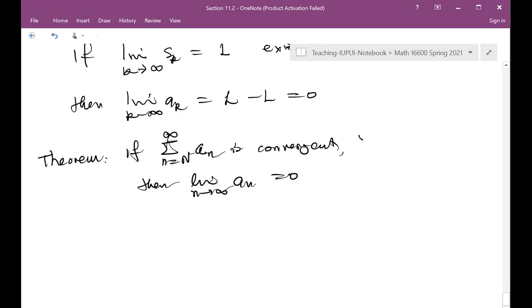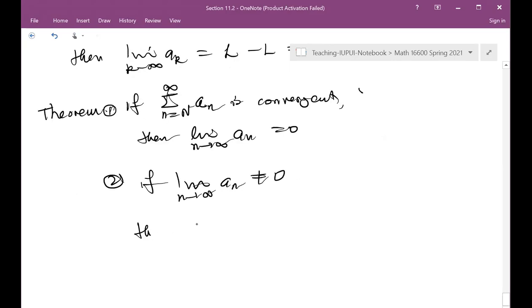These are two equivalent parts. If the limit is not 0, or maybe it does not exist, then this series is divergent, right? Clear?